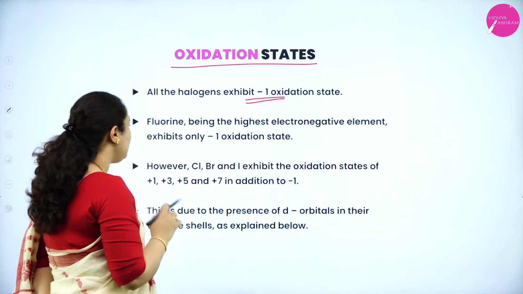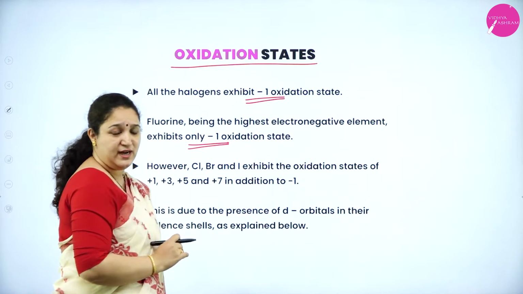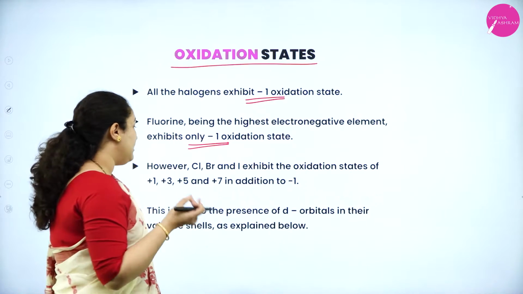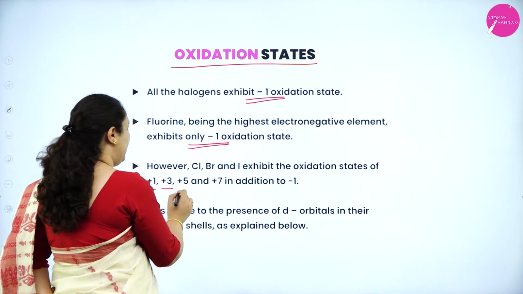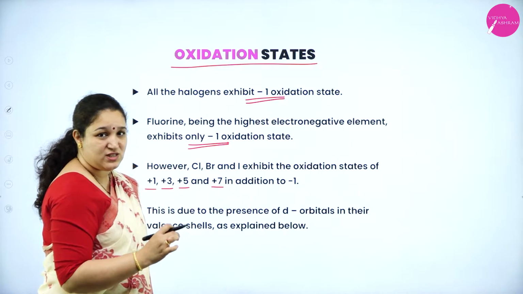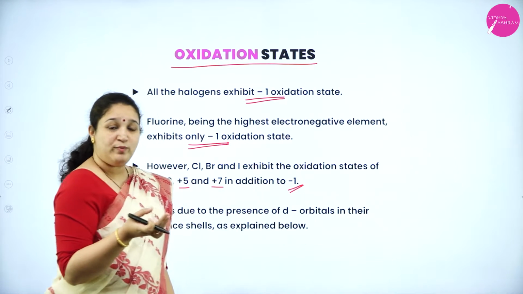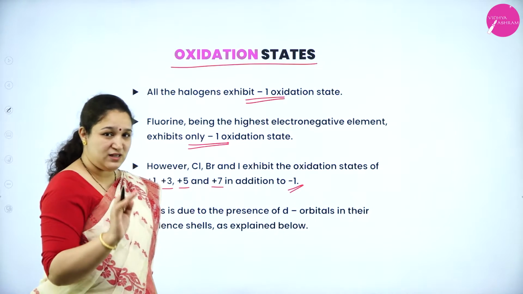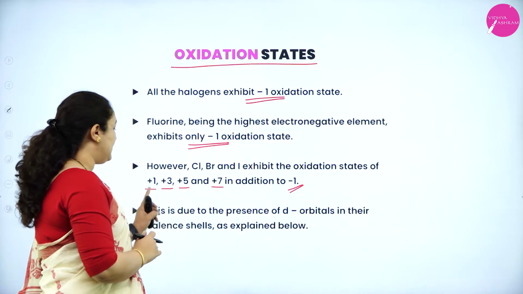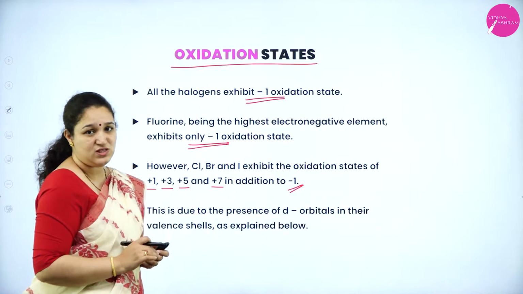But fluorine can show only -1 oxidation state, whereas chlorine, bromine and iodine can show +1, +3, +5 or +7 oxidation state in addition to -1. Chlorine, bromine, iodine can show -1 oxidation state. Along with that, it will show +1, +3, +5 or +7 oxidation state.